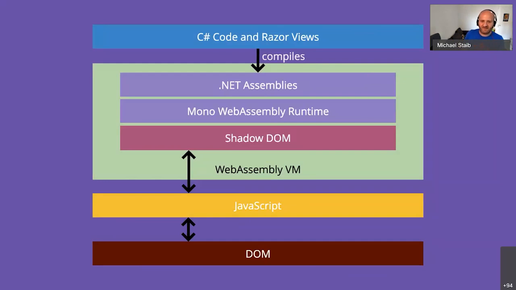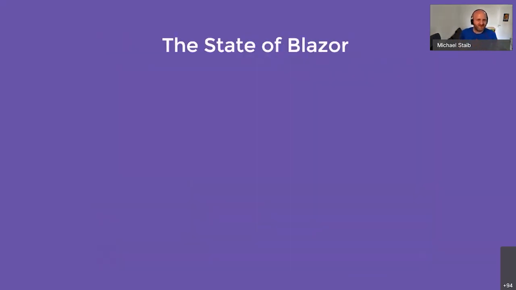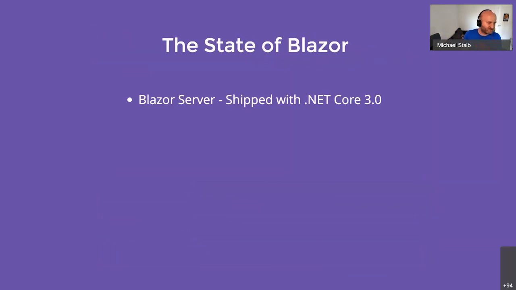Okay, so let's just quickly discuss the state of Blazor, because a commonly asked question is how mature is Blazor? Blazor for the server side, and we are not talking about Blazor for the server side in this talk, is actually already out with .NET Core 3.0, so it's battle tested, it's out for over a year now, and it has proven at scale.